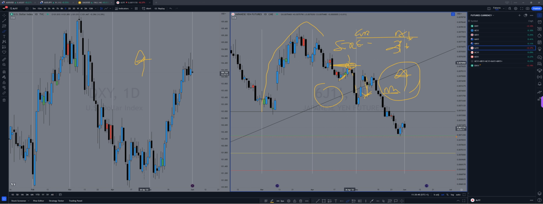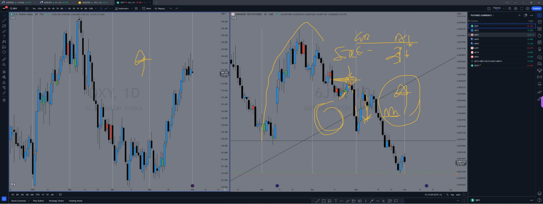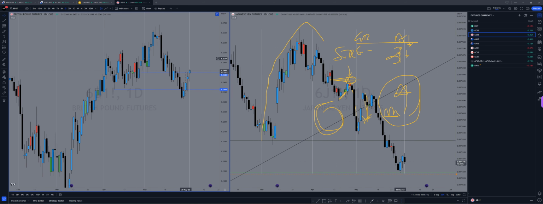So that particular day you are bearish on yen, and then you just find a pair that has not traded to a PD array. Hence, let's say for example, let me put British pound. Okay, British pound, and let me see the date here.